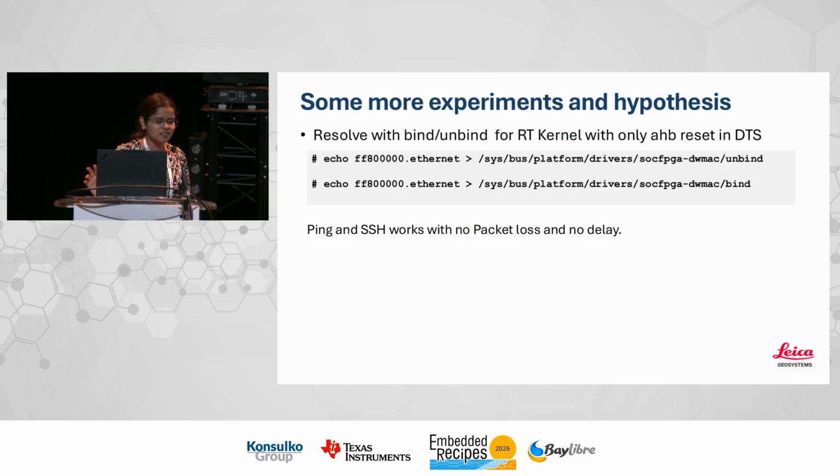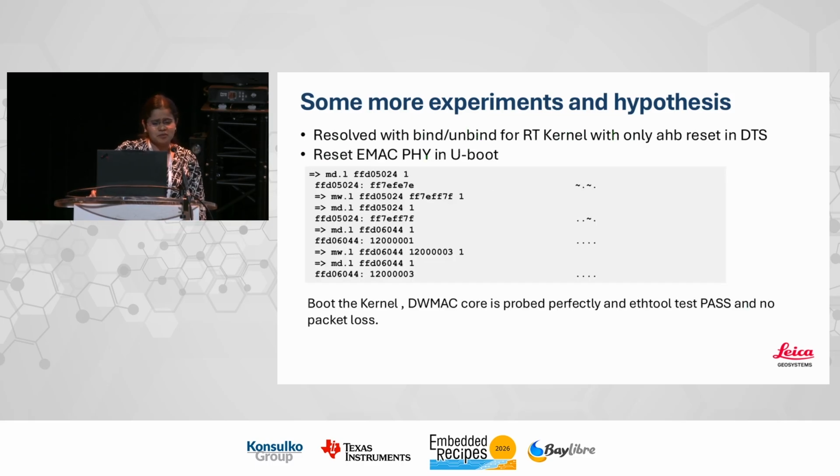First, I booted with the kernel which has AHB-only reset and nothing changed in the driver. On the system where I didn't have a very good Ethernet connection, just after booting, I did bind and unbind of the driver, and SSH works fine. Second, I tried to keep EMAC in reset inside U-Boot by writing to this PHY mode register.